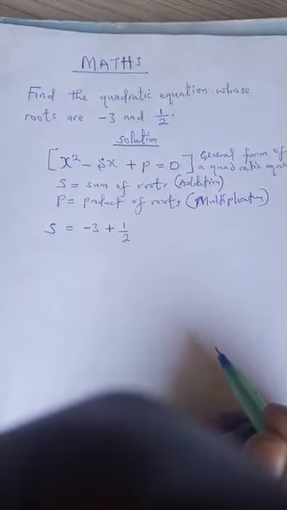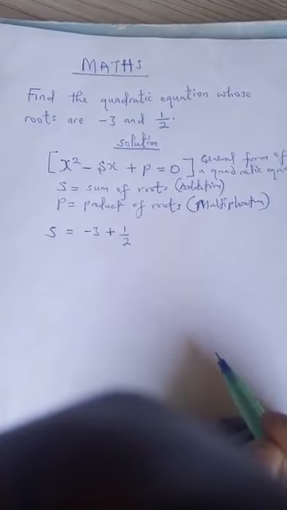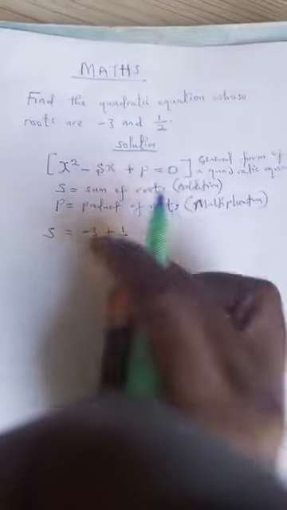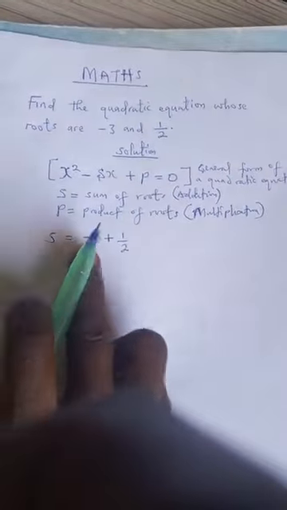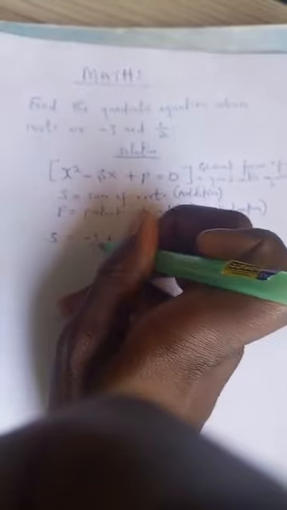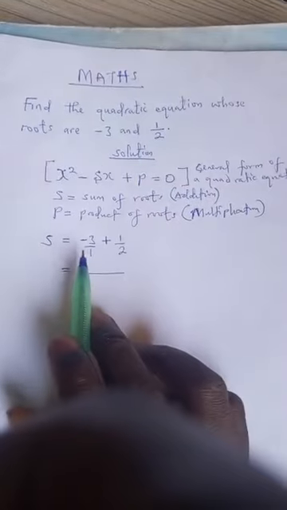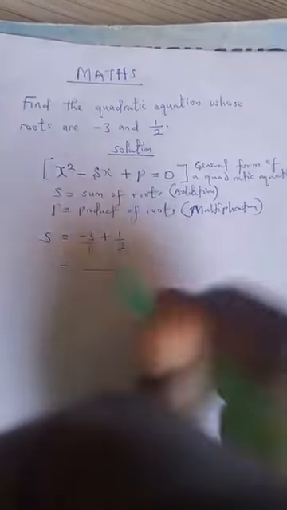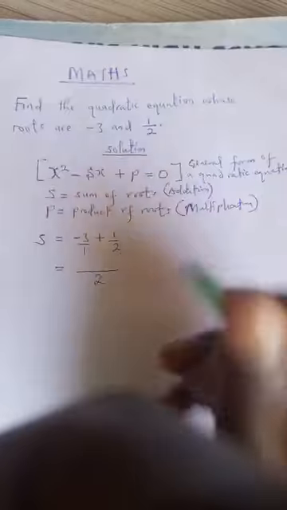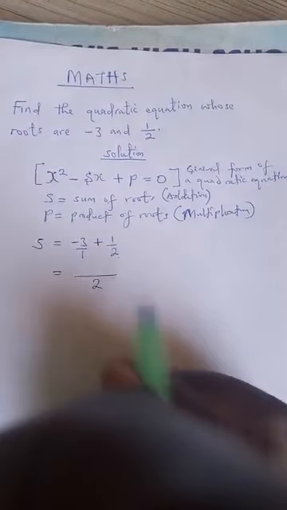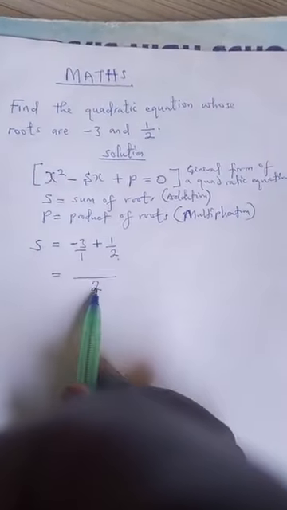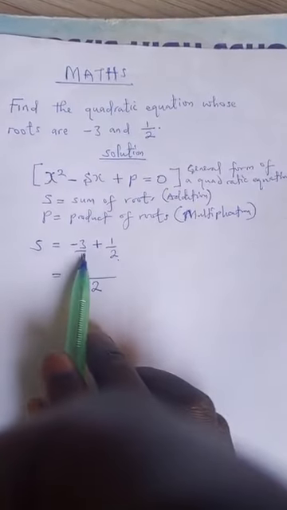So if you add -3 plus 1/2, you know this 1/2 is a fraction, while this is a whole number. So we're going to be doing what we call LCM. The LCM of 1 and 2 is 2. Now, since the LCM of 1 and 2 is 2, we divide the LCM by the denominator of these.